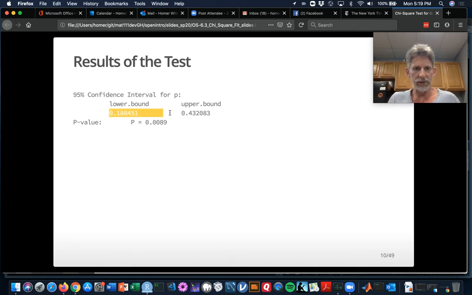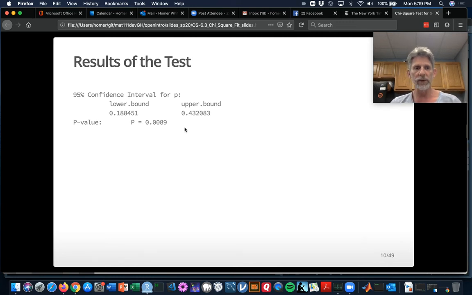A 95% confidence interval for P runs from 18.8% to 43%. Every number inside that interval is bigger than 1/6. 1/6 is about 16.67%. And so the 1/6 is being ruled out as unreasonable based on the data just from the confidence interval. If you look at your two-sided p-value, it's about 0.89%.